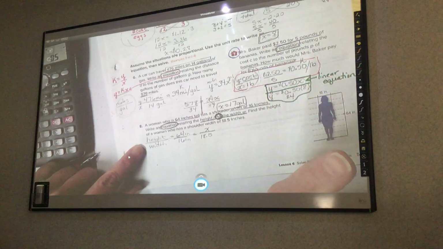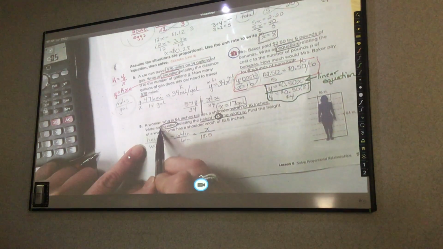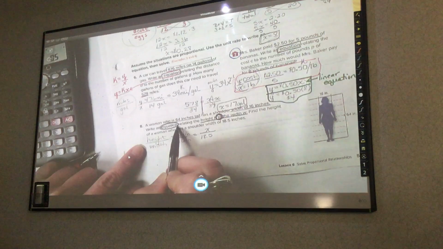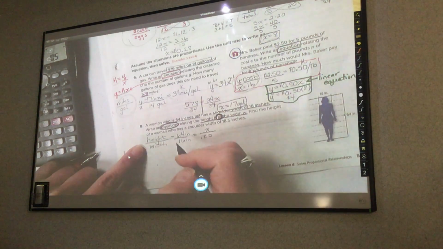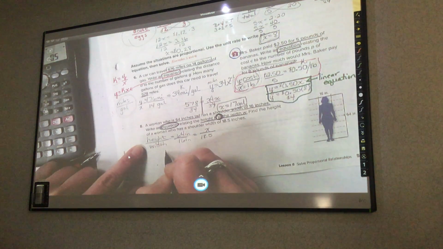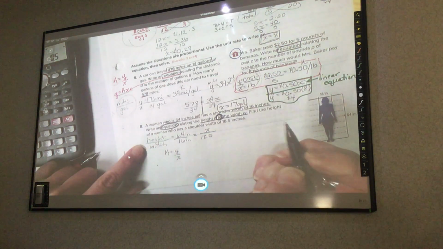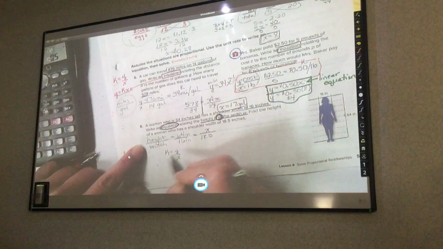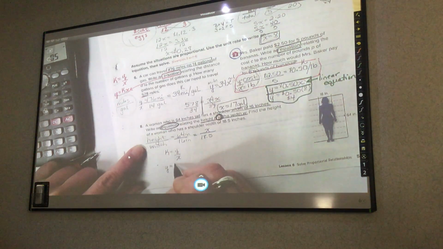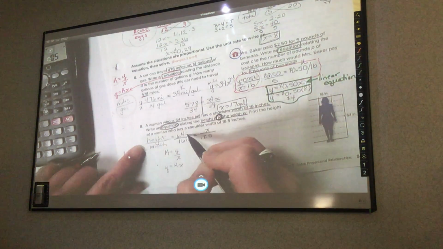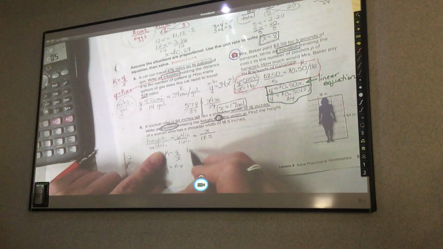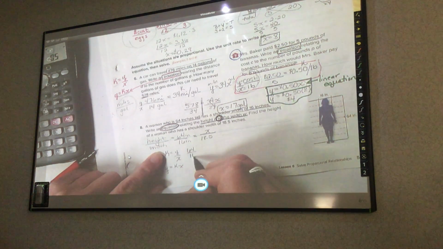That's how you guys are normally starting it, but what does it say that we need to find? An equation. So if we're finding an equation, you have to have a constant, which is your Y over your X. You have to have then Y equals K times X. So I'm going to come up here, I'm going to do that again. It's 64 to 16.